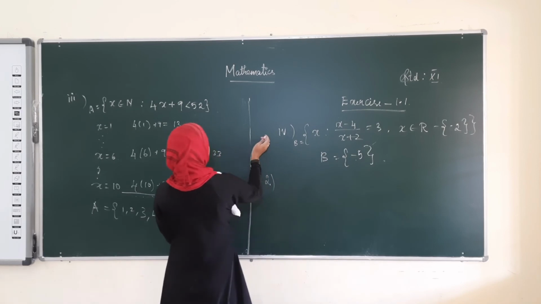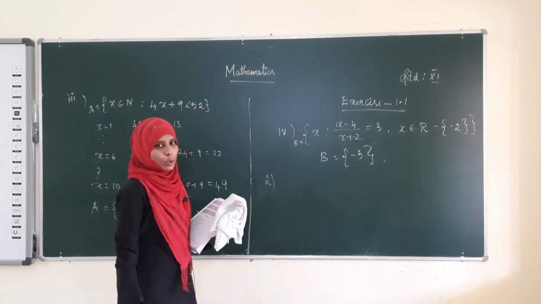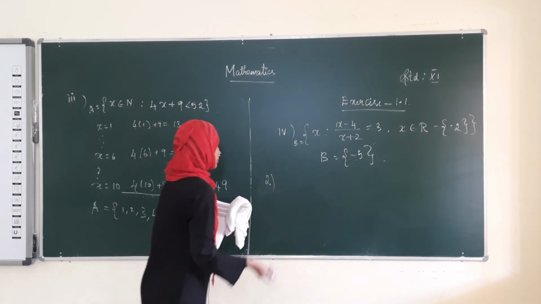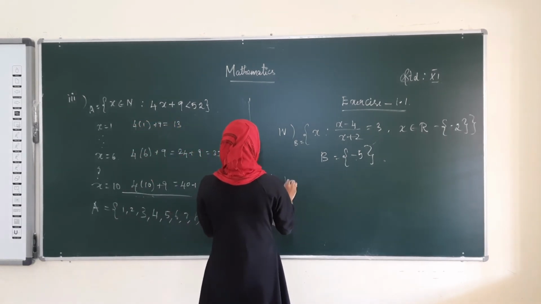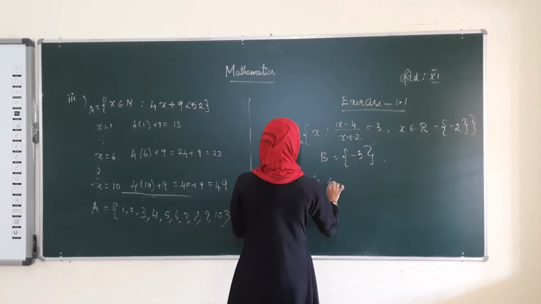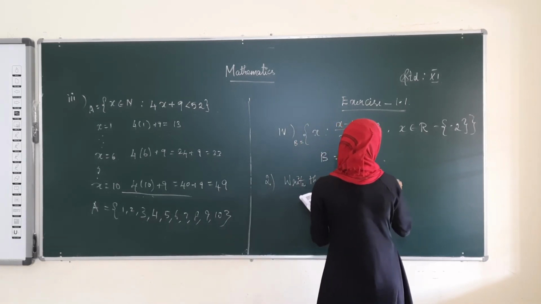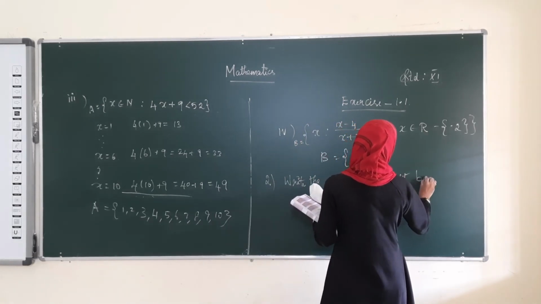Now what we did, they have given in the set builder form, and for that we wrote the roster form of this set. Now they have asked us to write this set in set builder form. Write this set minus 1, 1 in set builder form.